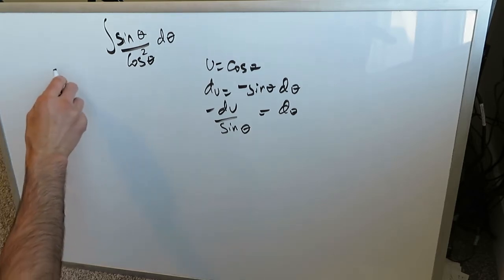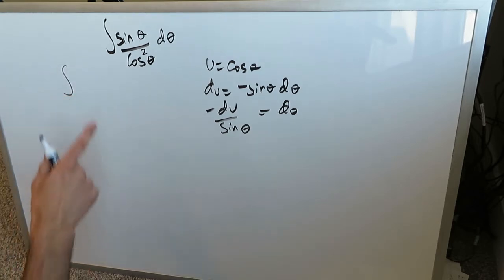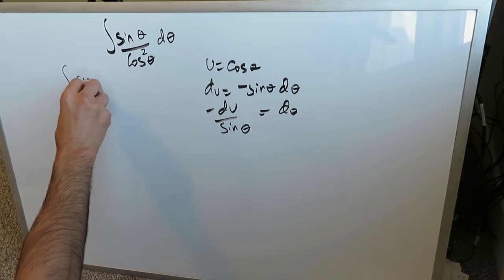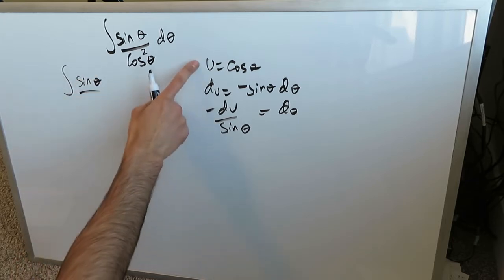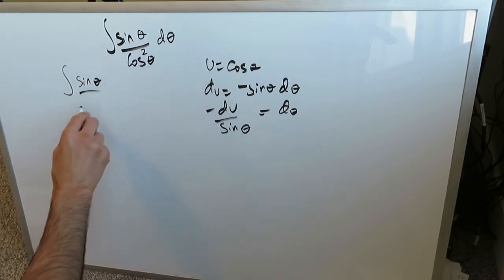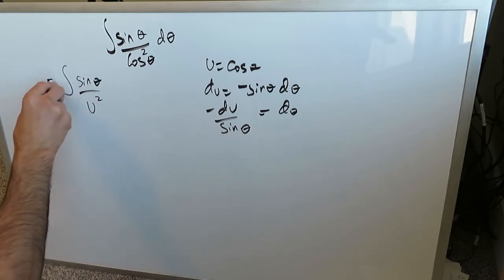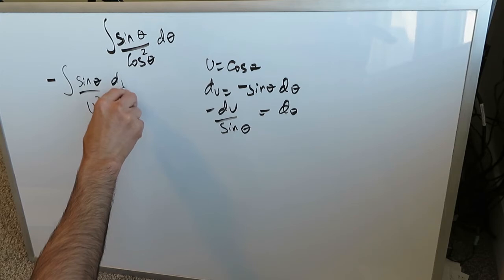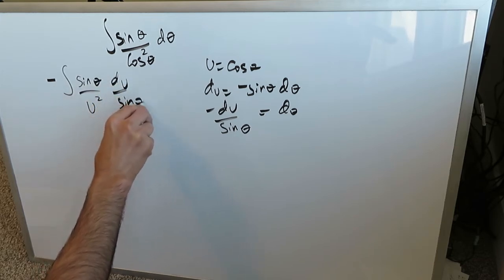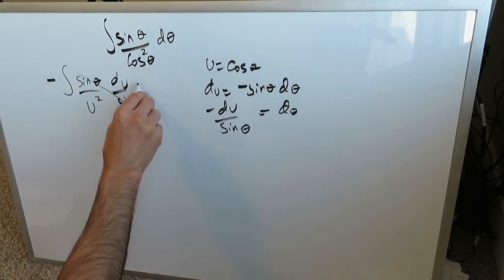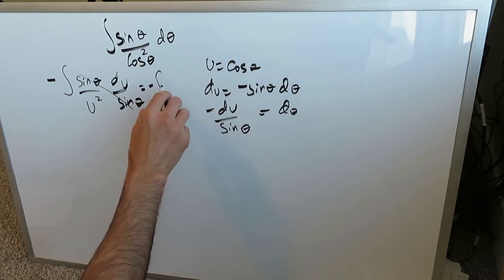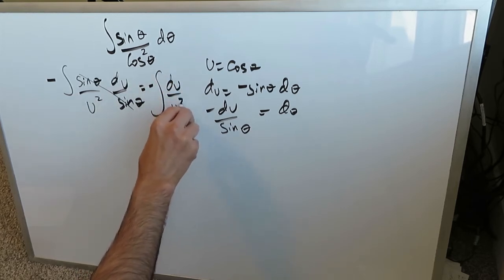And you'd come right over here and you'd do your substitution. You'd have sine theta on the top. In the bottom, u was representing cosine theta, therefore you see u squared. d theta is represented by minus du divided by sine theta. I'm bringing the minus over here. You know, these cancel out. You essentially just have minus, and you have du divided by u squared.